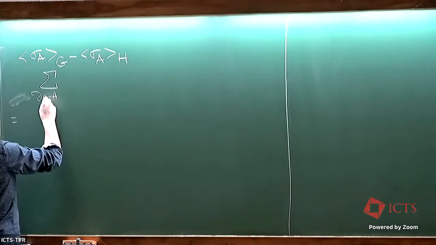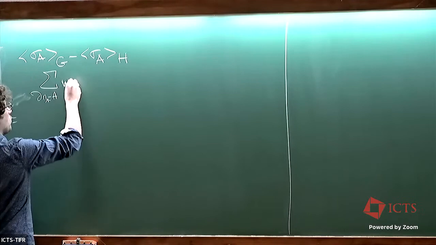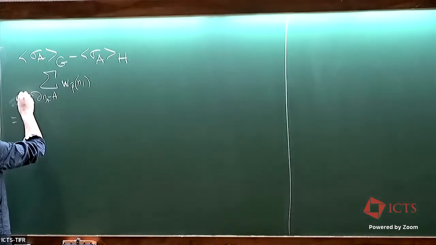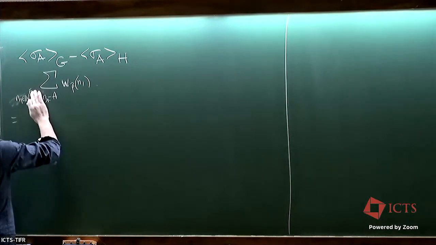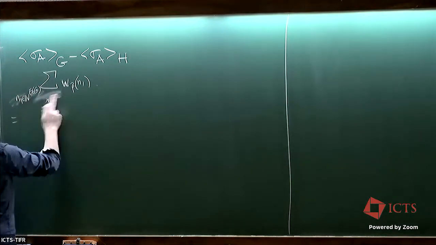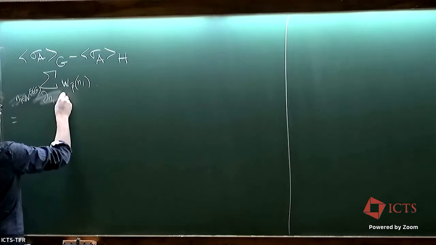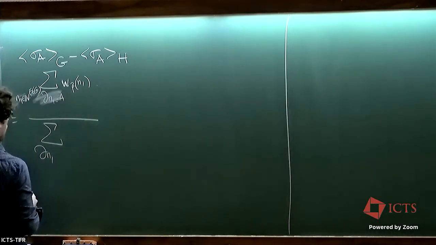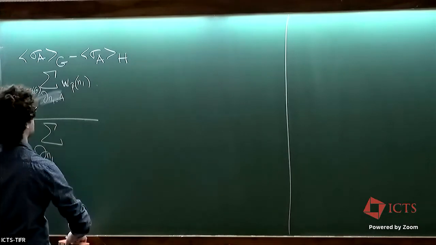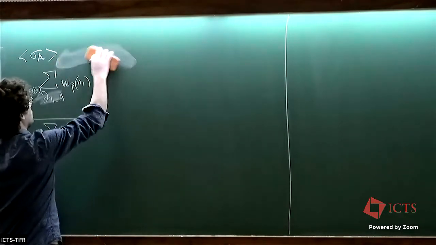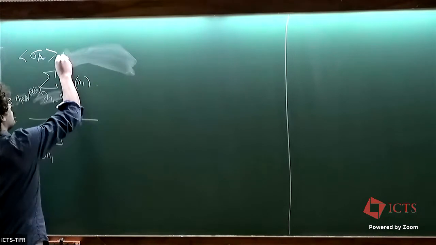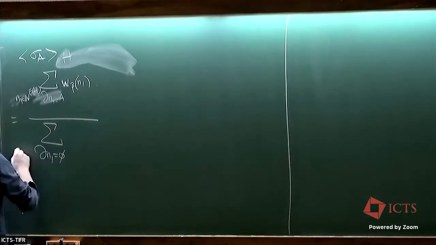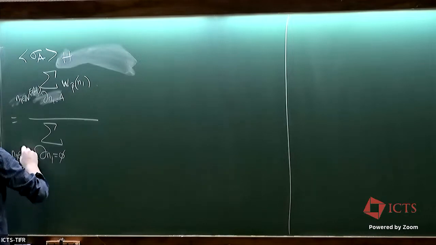The first thing is here you are going to get W beta of N1 for currents on G, divided by the same sum for currents in, let me maybe write it like that, let's say H. The same sum without source for currents in H again.